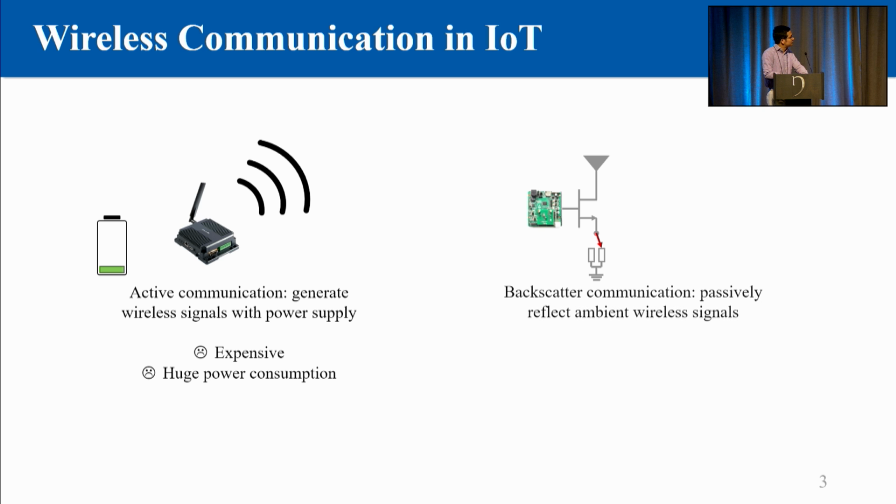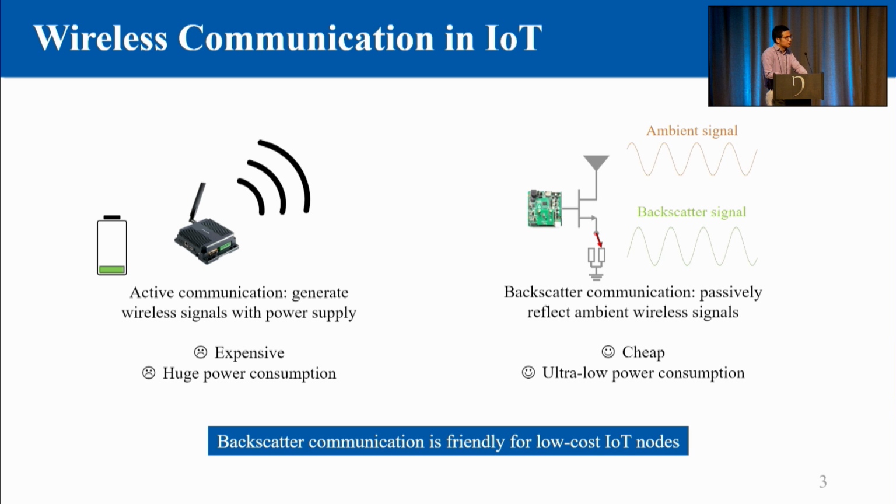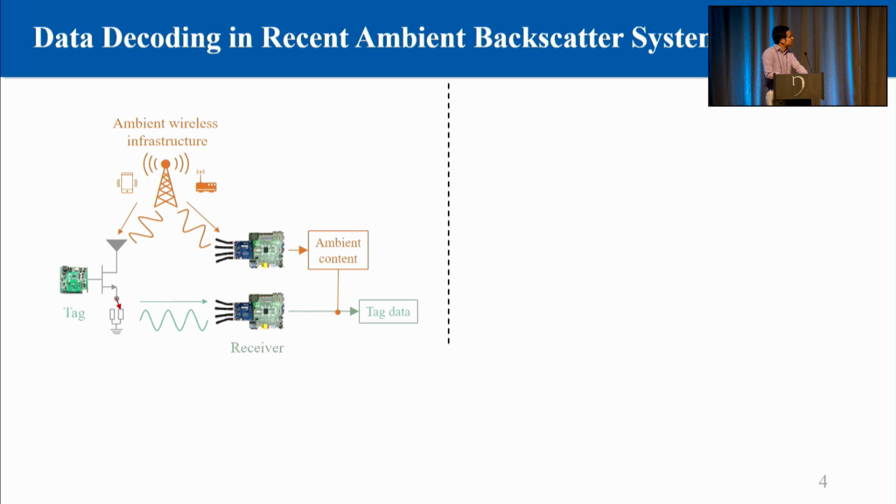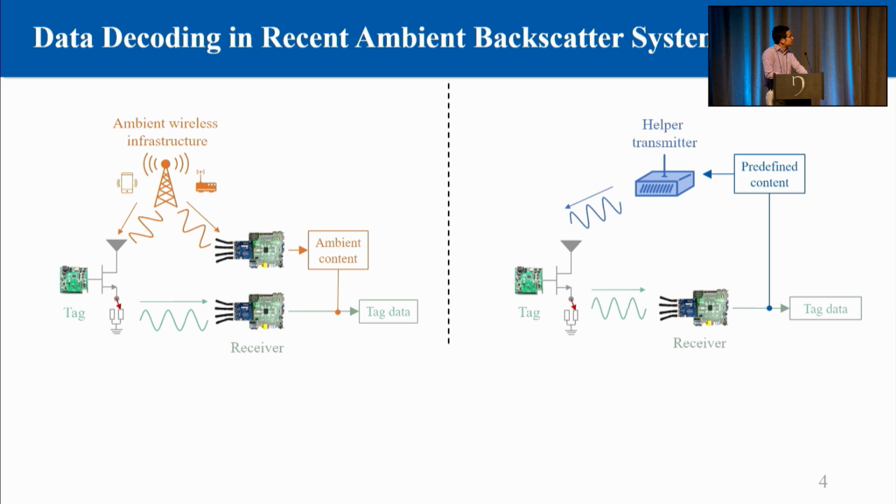The backscatter system tackles these issues by passively reflecting ambient wireless signals. Compared to active communication, it is cheaper and consumes much less power. Thus, backscatter communication is friendly for low-cost IoT nodes. To decode tag data, recent systems need ambient content for reference.